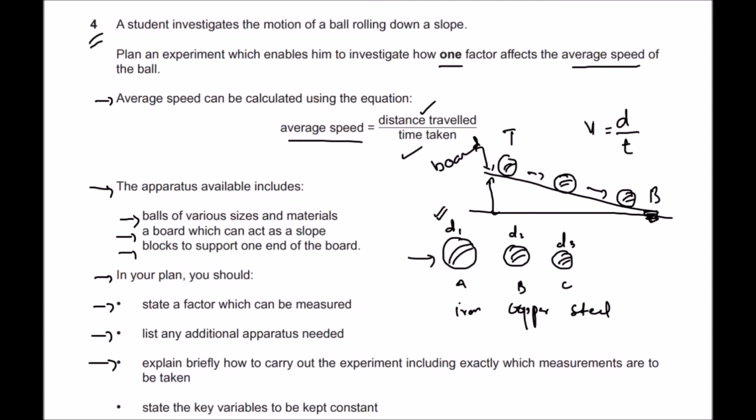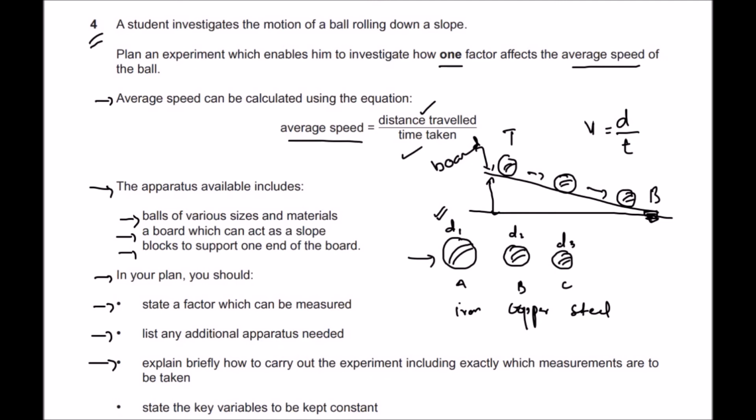Explain briefly how to carry out the experiment, including exactly which measurements are to be taken. It's very simple. You can arrange the setup as I showed in the first part. Then take the iron ball having diameter d1, place it on the slope and release.